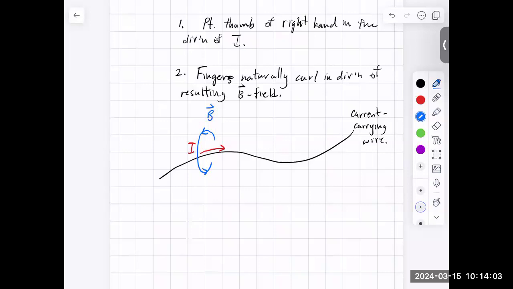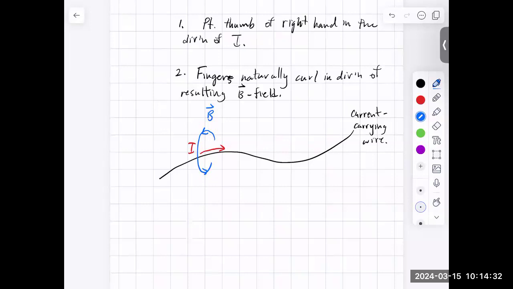We then said, okay, back to the beginning of the term, we have a charge, it creates an electric field. That electric field can then exert forces on other charges. So what we're going to do is we're going to say, okay, I know now that moving charges or a current create magnetic fields. Those magnetic fields can then go exert forces on other moving charges or other currents.